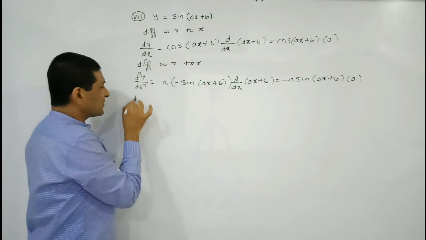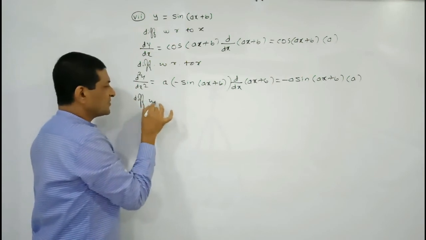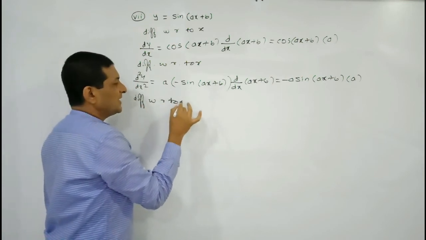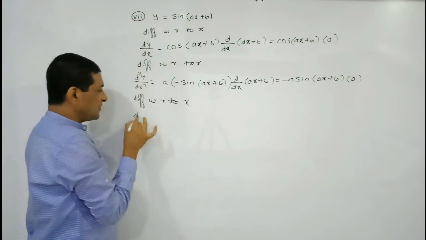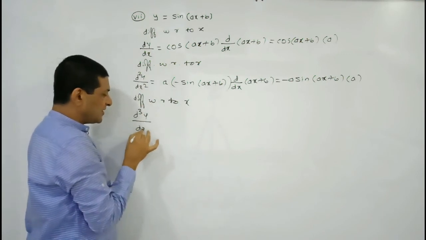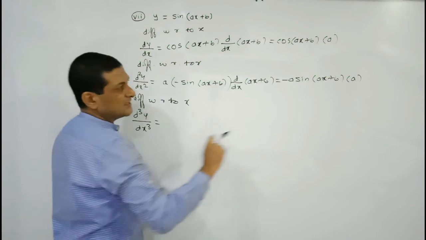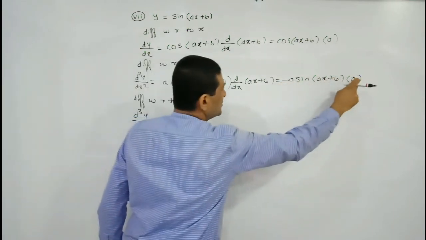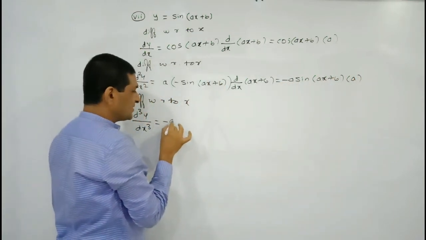Now again we are differentiating it with respect to x. The derivative of d2y upon dx square is d3y upon dx cube, and on this side minus a into a will be equal to minus a square.